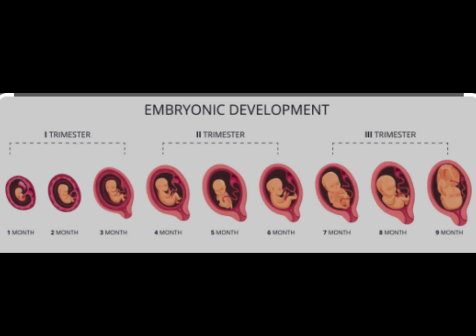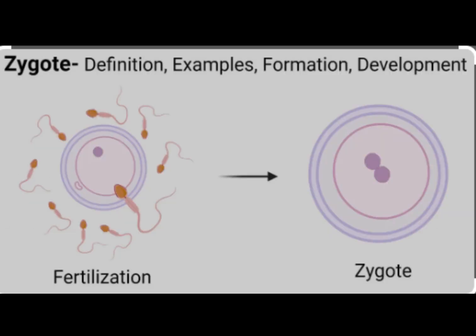Let's see what happened in month 3 during fetal development, weeks 9 through 12. The third month of pregnancy is when an embryo becomes a fetus. It's a period of rapid growth and development.